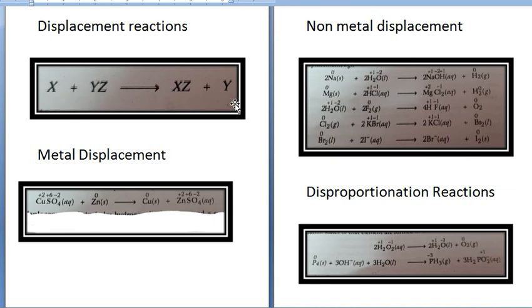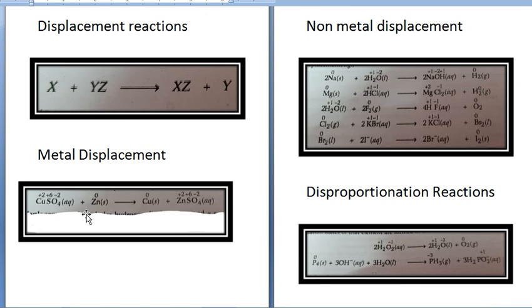Next is displacement reaction. Displacement, as you know, is where one atom is removed from its place and some other atom takes its place, like X plus YZ. So the position of Y has been taken by X now.